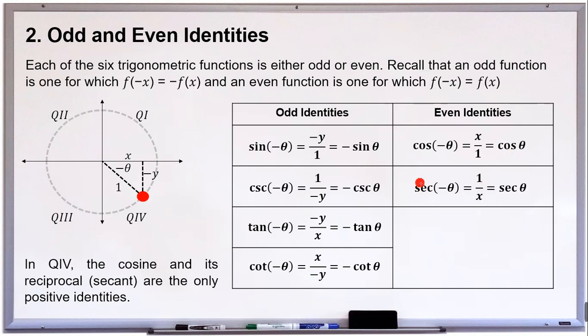Next, we will proceed to the reciprocal of the cosine, which is the secant. The secant of the negative of an angle is simply equal to the secant of the positive angle. So these are our odd and even identities in trigonometry.